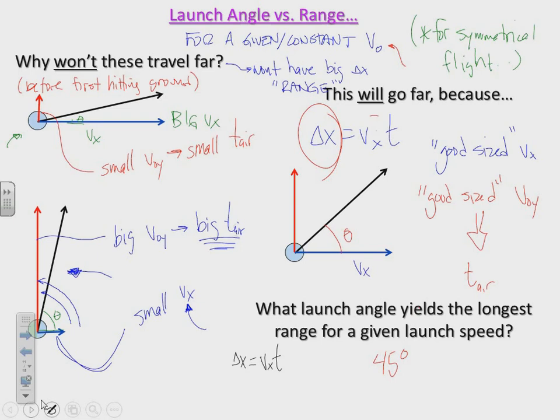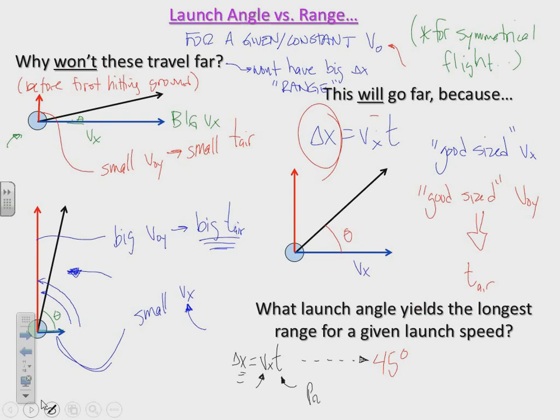But you can prove, by expanding what Vx is equal to and by expanding how you calculate the time in the air for a symmetrical projectile, you can come up with an expression that proves that 45 degrees has to yield the largest value of delta x. And when I say you can, I mean you should. That's a challenge problem if you're one to accept challenges.